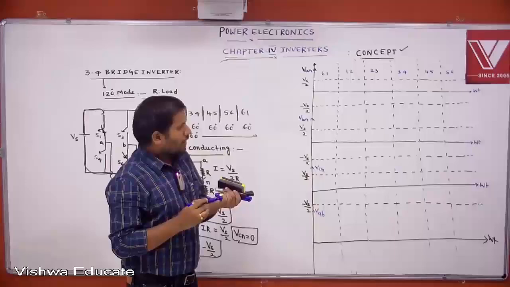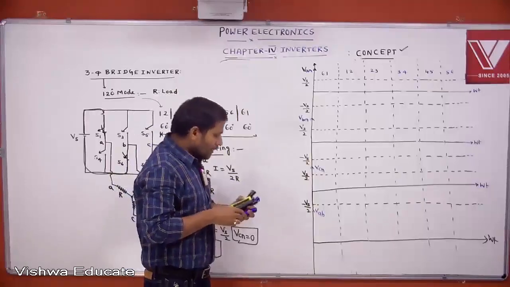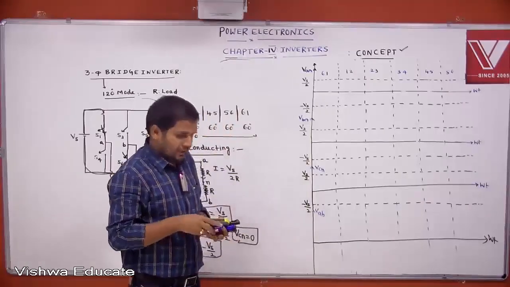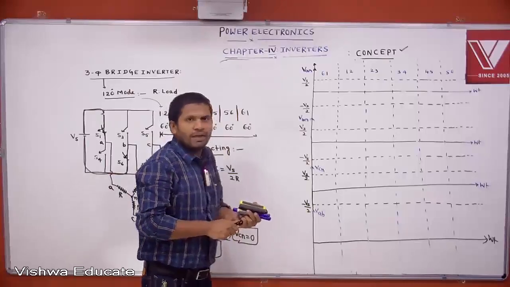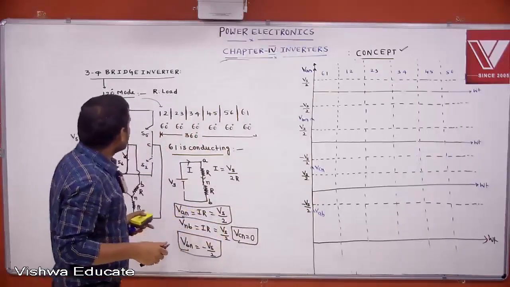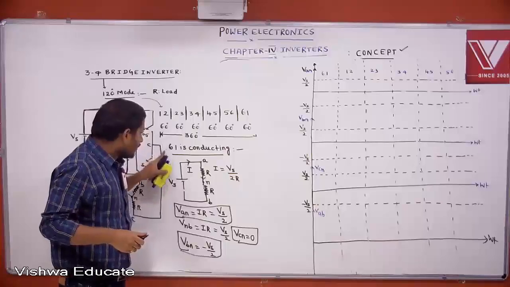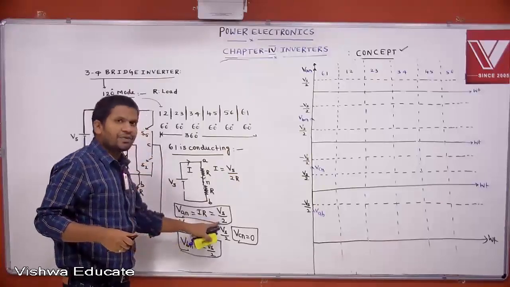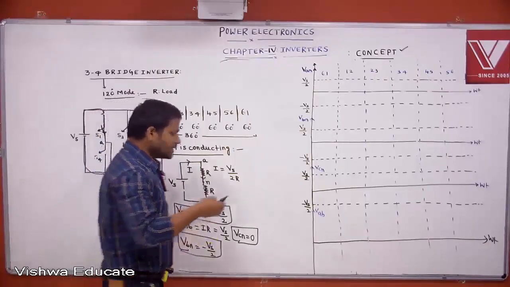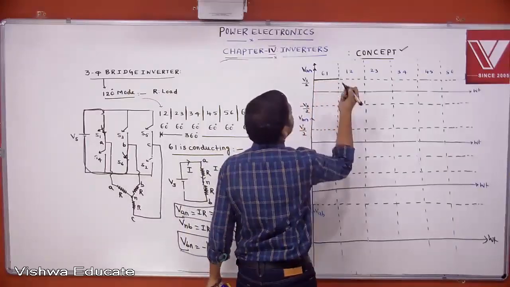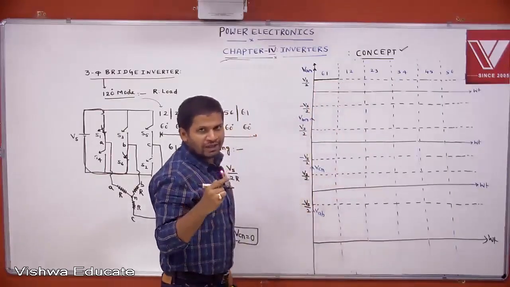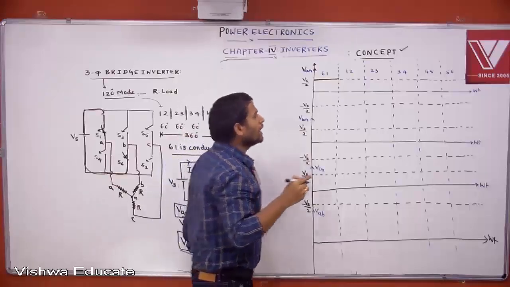Okay. Now tell me. Now we are drawing A phase, B phase and C phase voltages. First you draw the A phase voltage waveform. If 6-1 is conducting, what is the A phase voltage? Plus Vs by 2. If 1-2 is conducting, what is the A phase voltage?